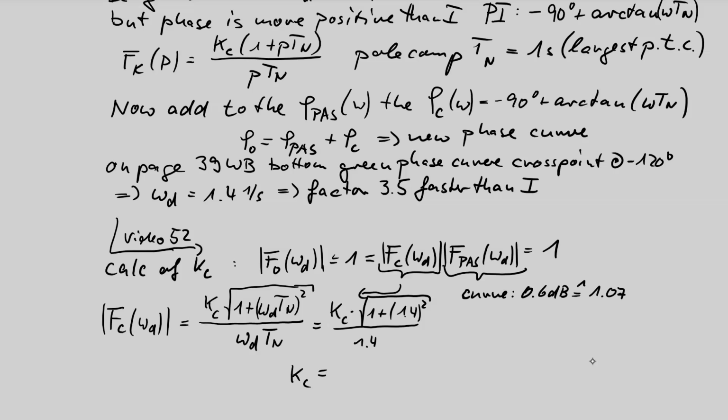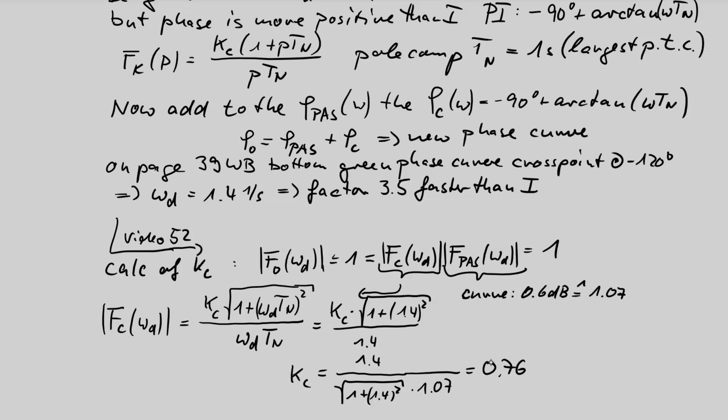Kc is 1 divided by square root of 1 plus 1.4 squared, multiplied with 1.4, divided by this value 1.07, and if you put these numbers in your calculator, I calculate 0.76.